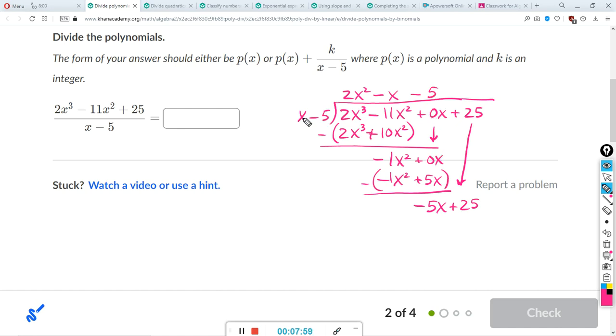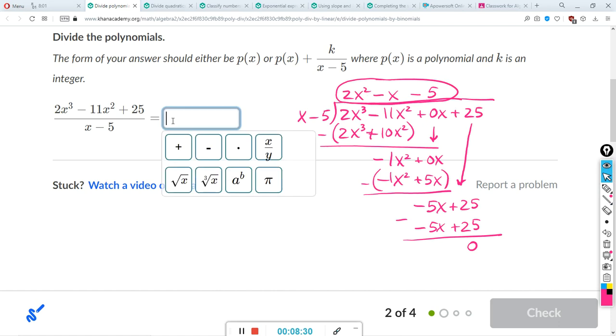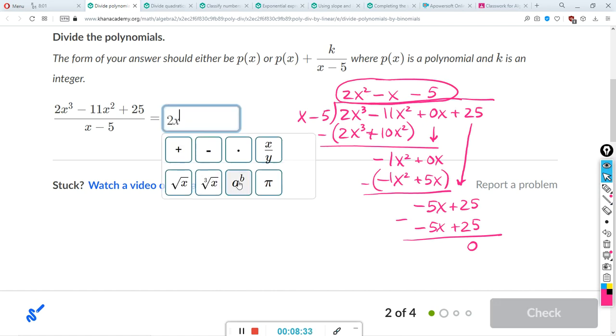Negative 5 times x, and negative 5 times negative 5 is positive 25. Okay, subtracting, it's the same thing. So I guess the remainder is just 0. They tricked us. There's no remainder on this one. There's nothing left to bring down. So the answer is 2x squared, using the exponent button, click again, minus x minus 5.